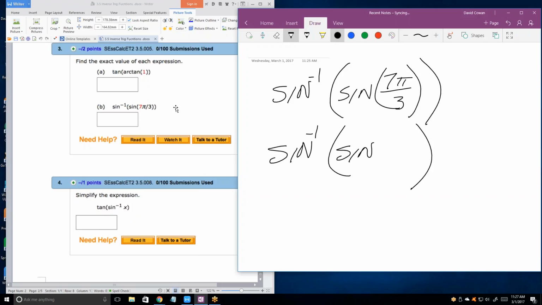2 pi is 6 pi over 3. So 7 pi over 3 minus 6 pi over 3 gives you... I don't remember the unit circle that well. 7 pi over 3 minus 2 pi.